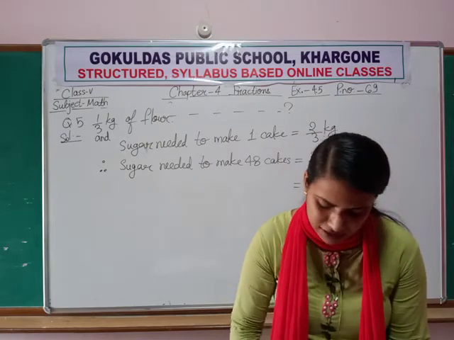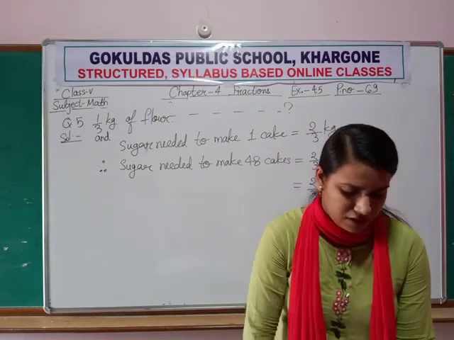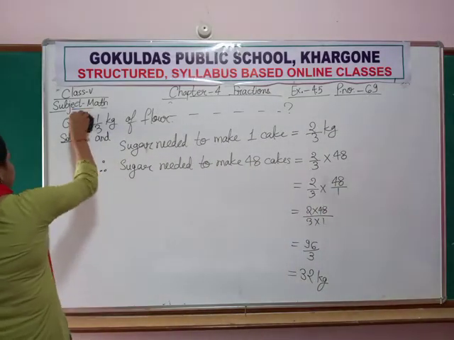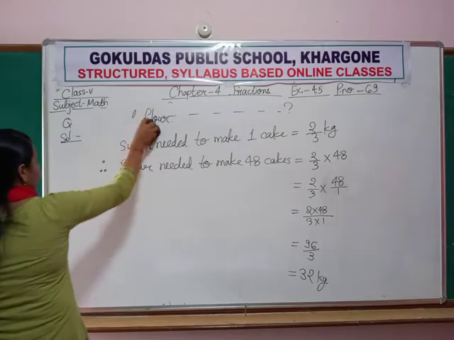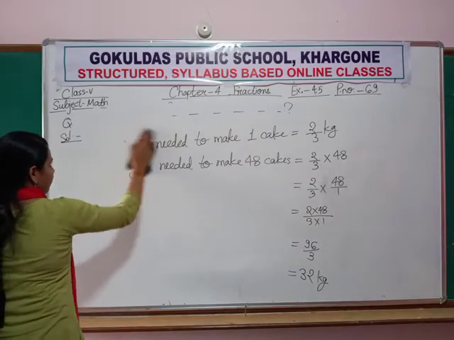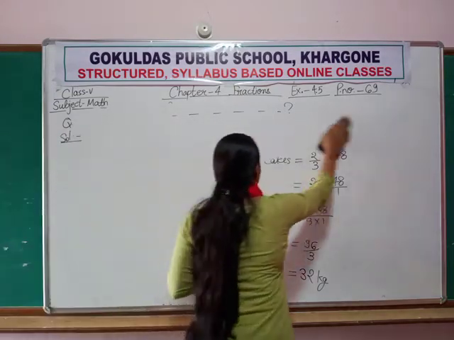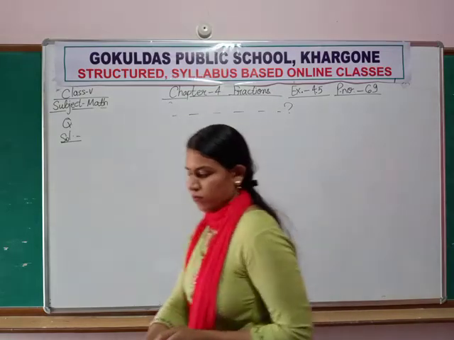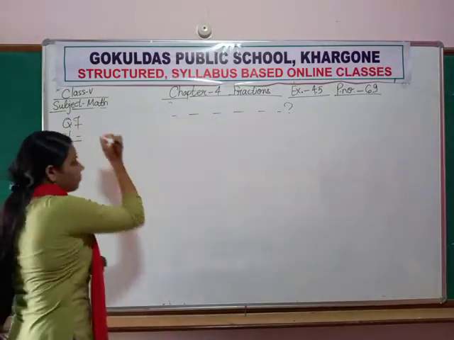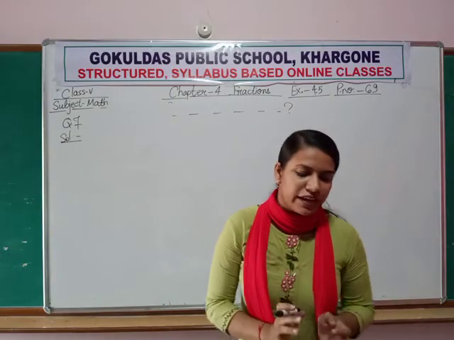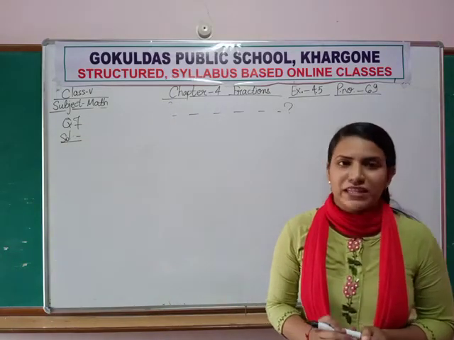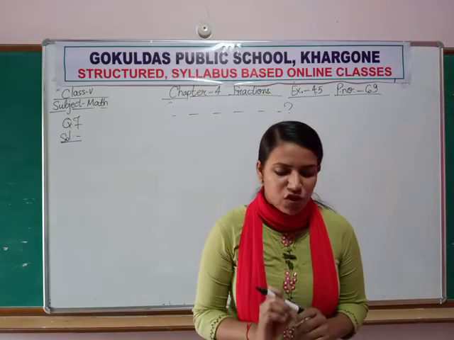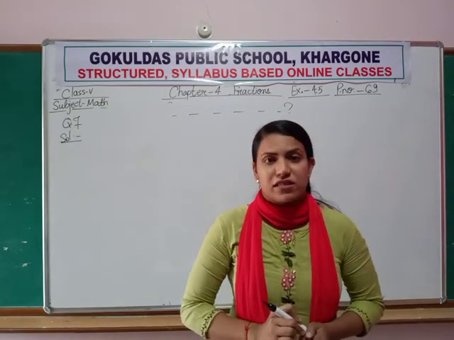Now question number 6 is your homework. Move to question number 7. A book contains 312 pages. 1/6 of the book has pictures.